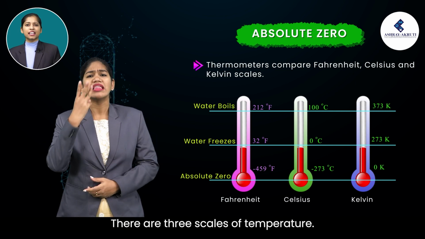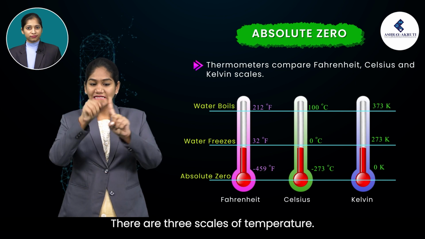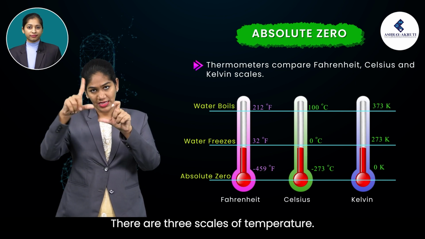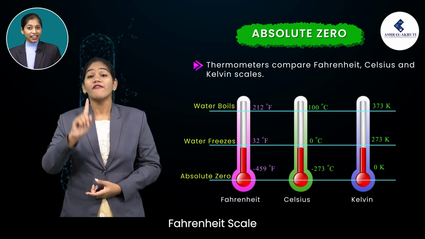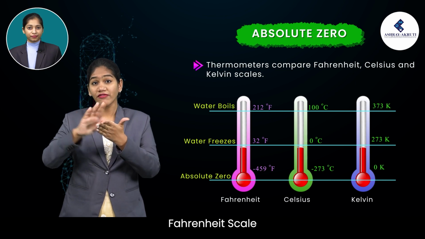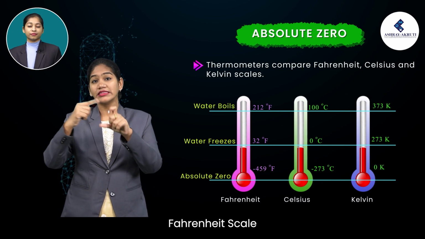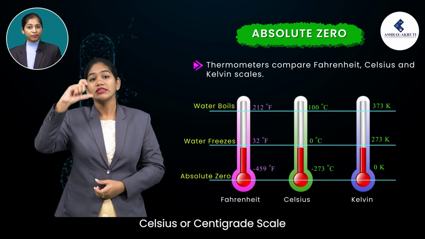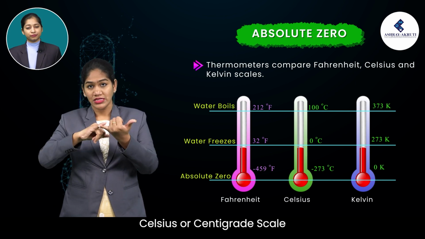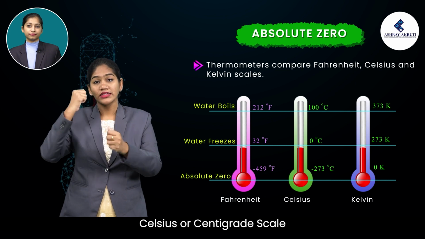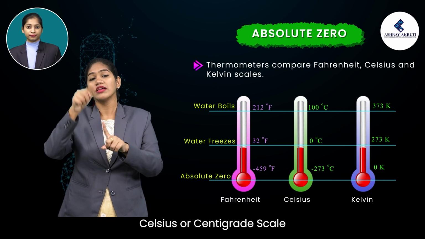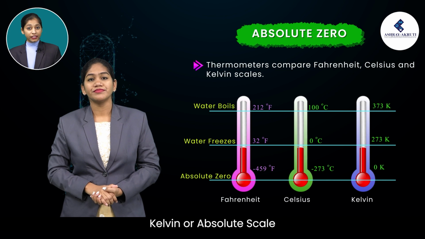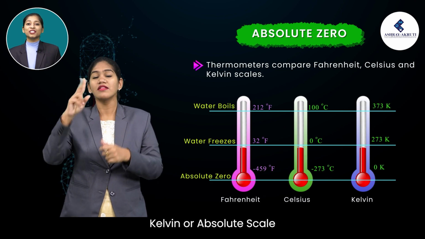There are 3 scales of temperature: Fahrenheit scale, Celsius, or centigrade scale, Kelvin or absolute scale.